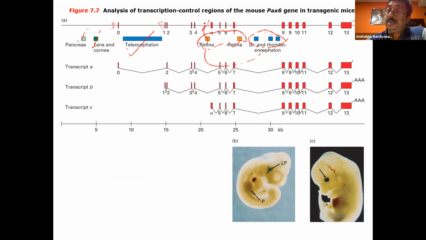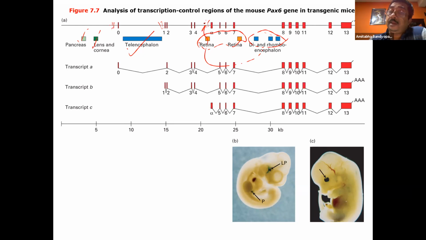And each of these enhancers, the fact that they are different enhancers, tells you that they all bind to their own favorite transcription factors. That's the reason why when the gene is being expressed in the pancreas or in the lens, there are certain factors that are present only there. See, the DNA sequence is the same in every cell, right?